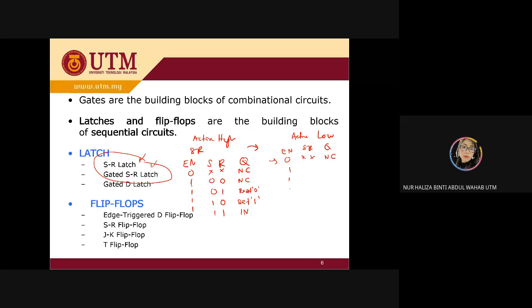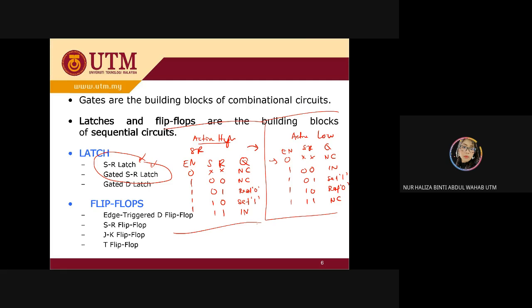But for EN equal to 1, it is going to be vice versa from your active high. 0 0 invalid. 0 1 set, or equal to 1. 1 0 reset, or 0. And lastly, no change for 1 1. So only these tables you need to remember, so it's slightly easier for you. If you remember, then you can answer.